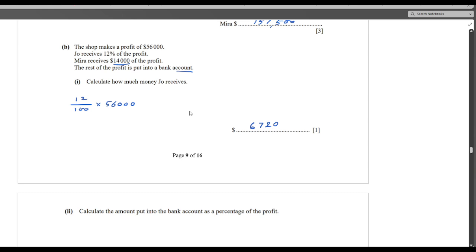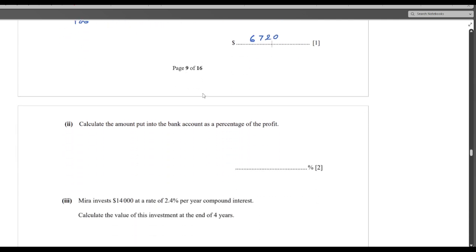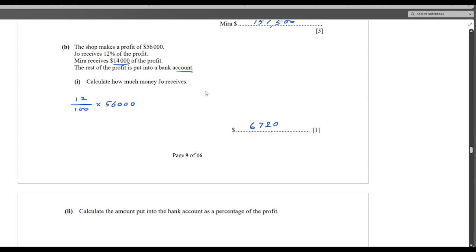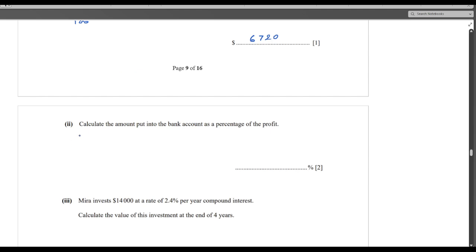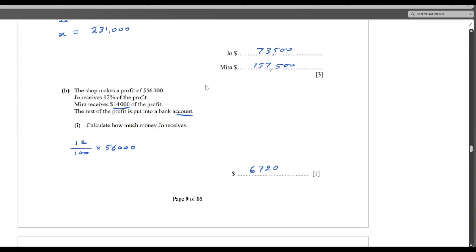Now calculate the amount put into the bank account as a percentage of the profit. So as a percentage, I need to find out. There are two ways. First, this 14,000, if I want to see the percentage, so your 14,000 out of 56,000 times 100 will give you the percentage that Mira receives.